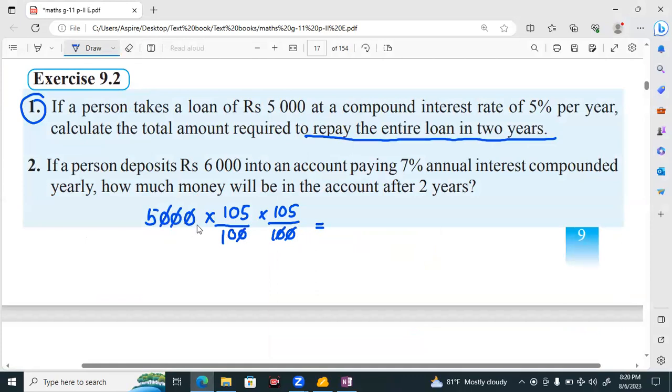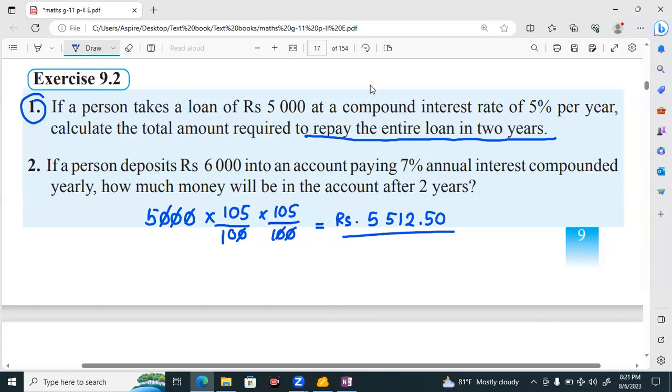Three zeros are cancelled for 3 zeros. Then here calculate 105 times 105. It is 5,512.50, sorry, 50 rupees.